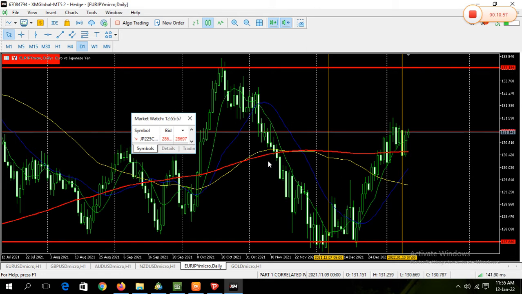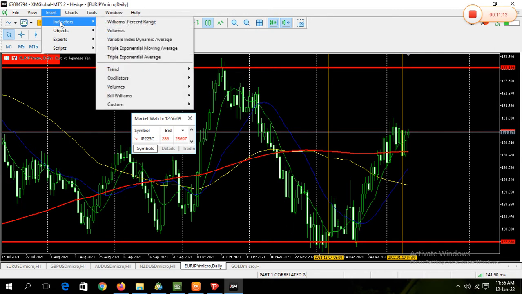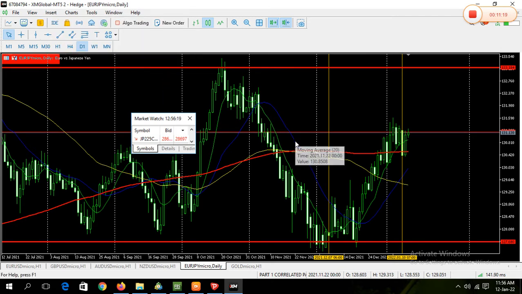So we have technical trading. Those are the ones that use technical analysis, technical trading techniques. If I come to the insert, I use an indicator of any kind. That is technical trading. You can see some things here. You say, what are all these lines? This is moving average 20.